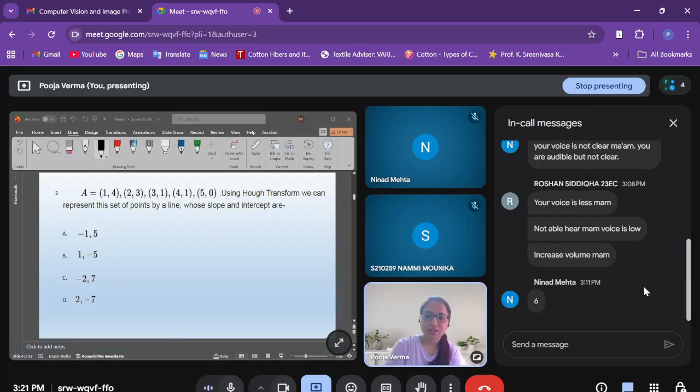So the question is given, A is given. These are the set of points A. So we need to find out the slope and intercept.